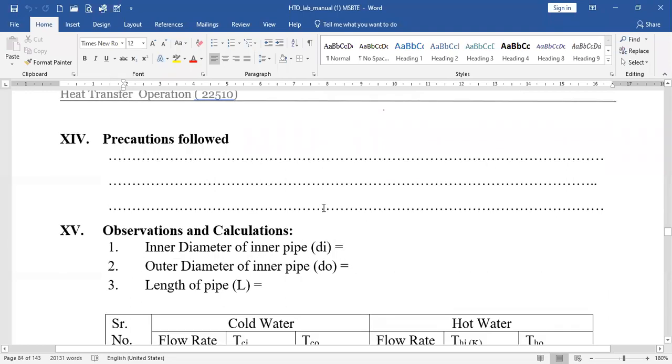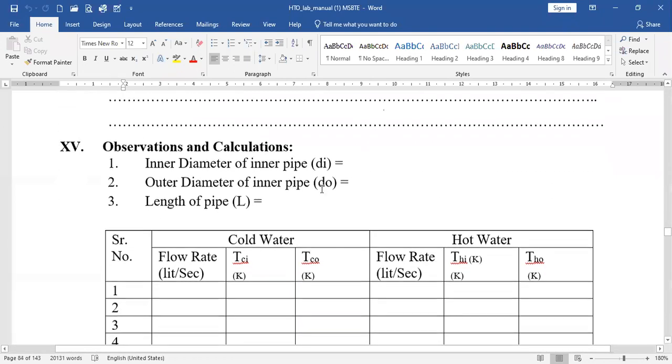Then precautions we have already discussed in the previous section, but in this point we must note down the actual precautions followed by the students as well as the faculty members.